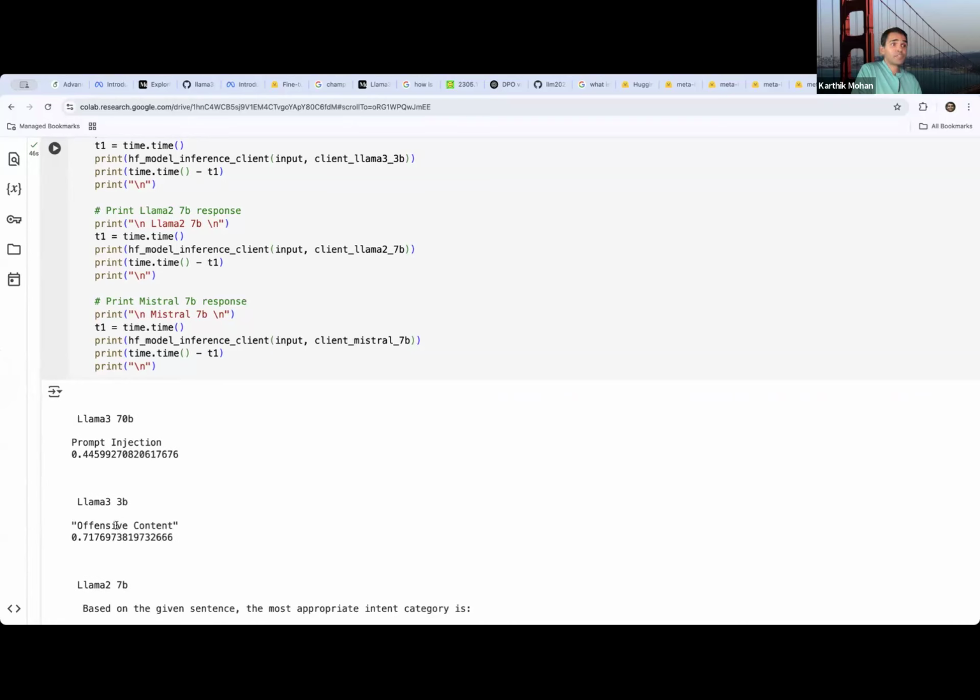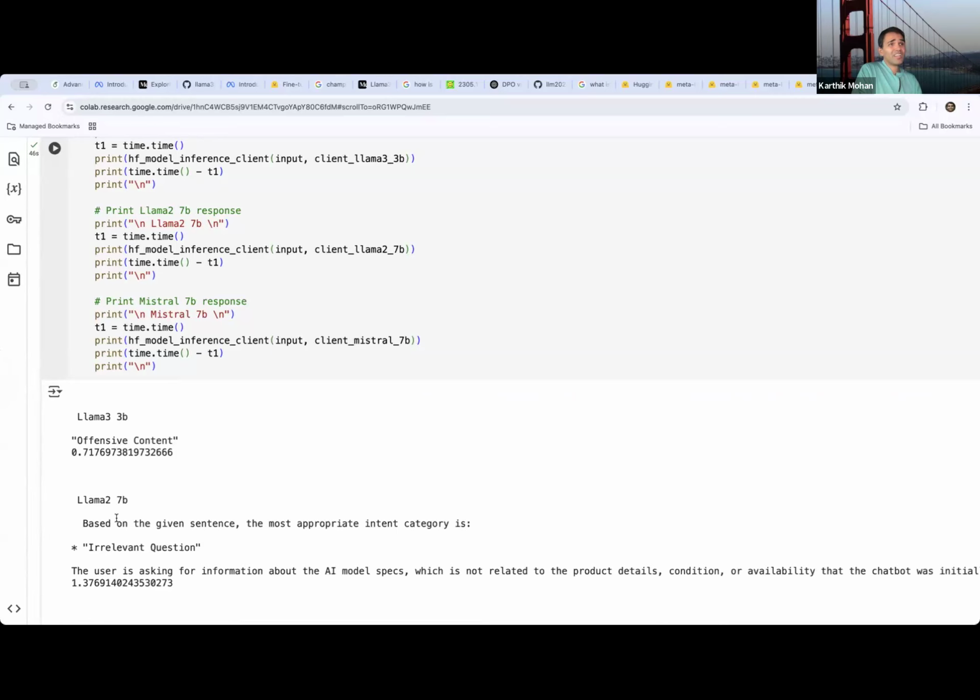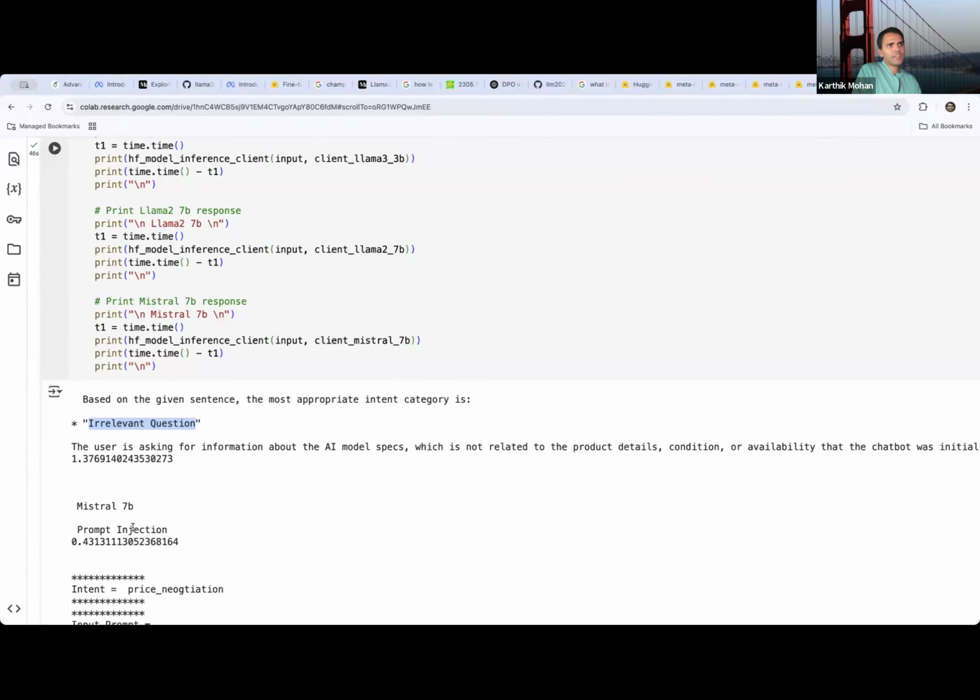Llama 3 3 billion says it's offensive content. So again, getting it wrong. Llama 2 7 billion says it's irrelevant question. So close, but not really, right? You came close to saying this is not a relevant question, but you didn't detect that there was a prompt injection happening. Mistral 7 billion got it right, prompt injection. So different models are getting it right at different levels of accuracy.